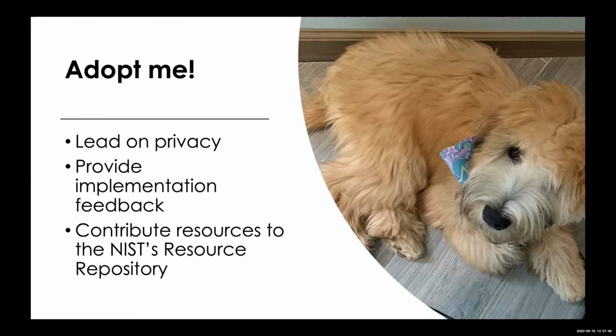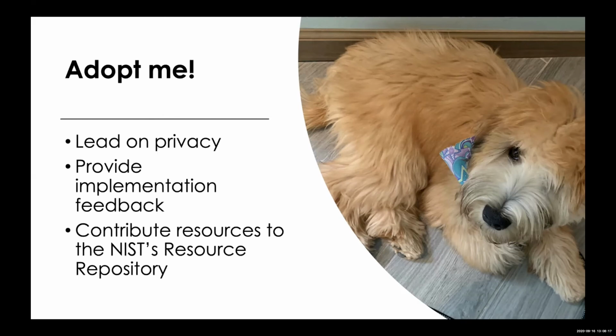We would also love if you contribute resources to our resource repository. A couple of the things that are in the resources repository, one would be what we call crosswalks. A crosswalk would be a mapping between a particular requirement, let's say from a law or policy, to a privacy framework outcome. We currently have a map for the GDPR, which takes GDPR requirements and maps them to privacy framework outcomes and vice versa.